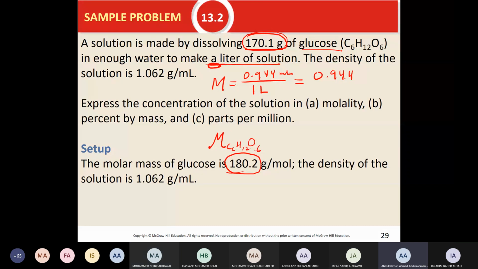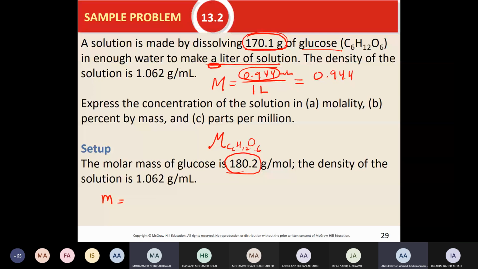Now, can you calculate the molality? How? We already calculated the number of moles. We changed the volume to kilogram, I mean. Okay, go ahead.